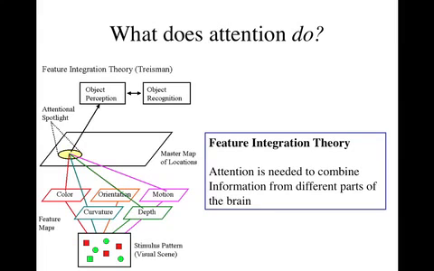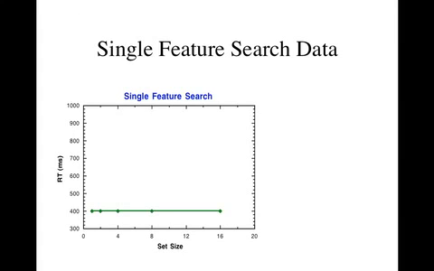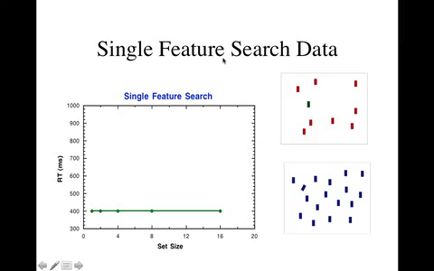And we discussed several sources of evidence for this, from visual search and illusory conjunctions. In the visual search case, we compared different kinds of search stimuli, and these are some examples. These are single feature searches. In these cases, for instance, you have to find the green item amongst the red items, or the tilted blue item amongst the other blue items. And the basic finding is that whether you have a few distractors or many distractors, as you add more and more distractors, it doesn't add to the search time.